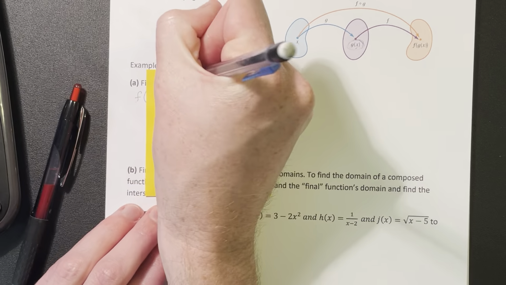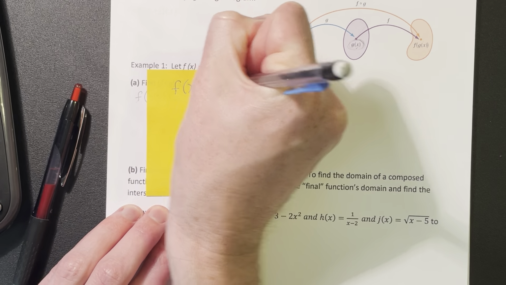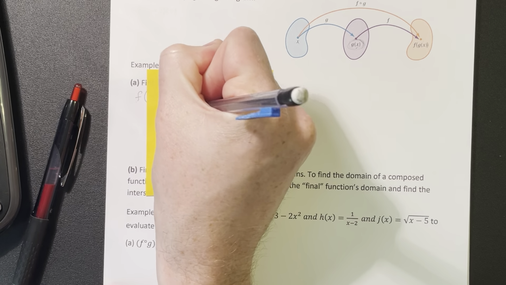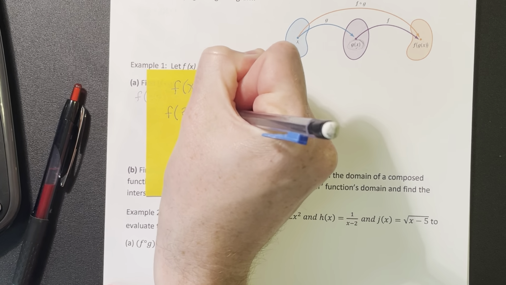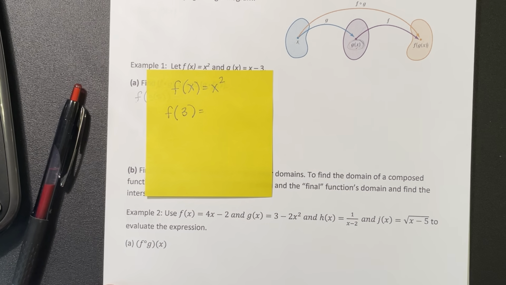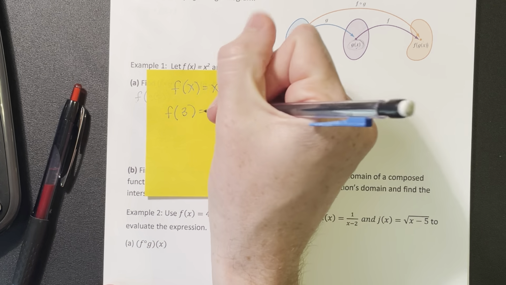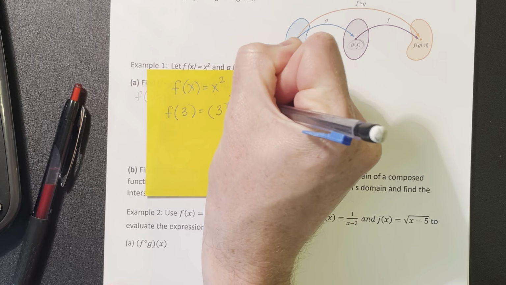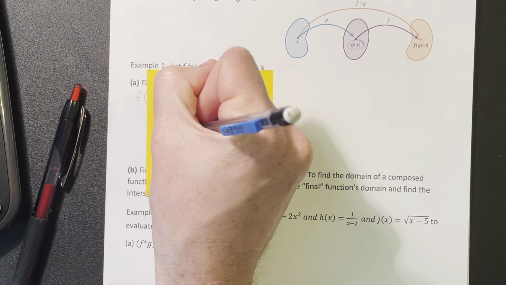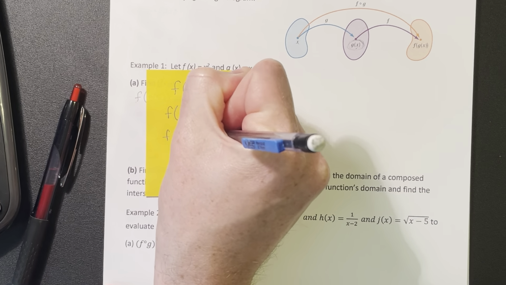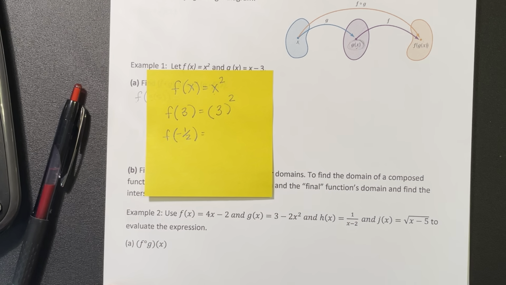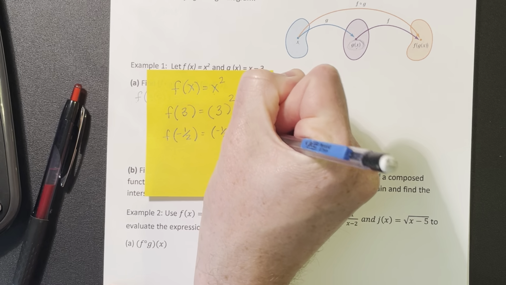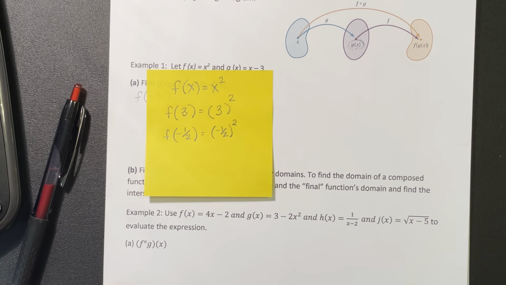When we had f of x is x squared, we currently have been reviewing just evaluating things like f of 3. It means we're going to take 3 and input it into the function. So what it does is replaces the x and becomes the input. You can do that with any number you want to. So it can be f of negative 1/2 and be negative 1/2 squared, give you an output.